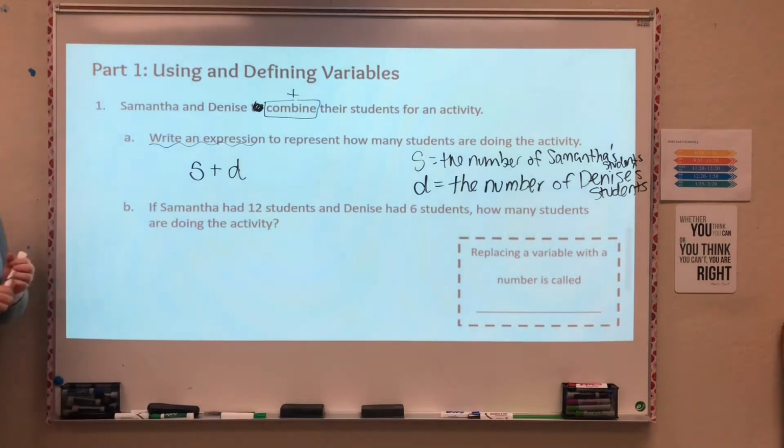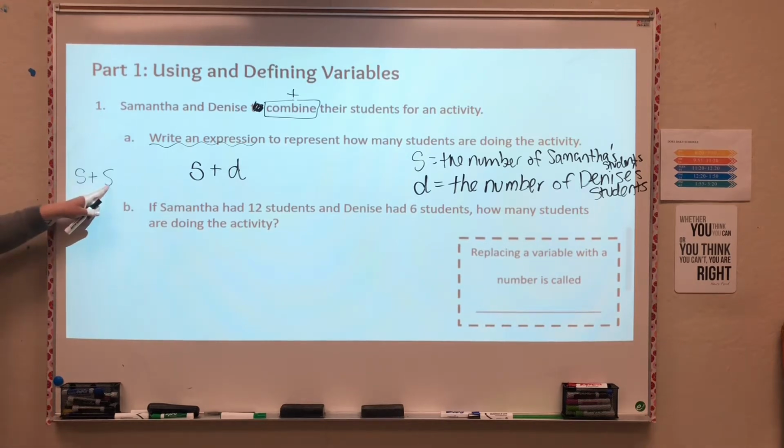I have a question. Could someone write S plus S down? Well, I don't know what they were thinking. What would be the question you want to ask if they write S plus S down? We want to ask, what does S represent?